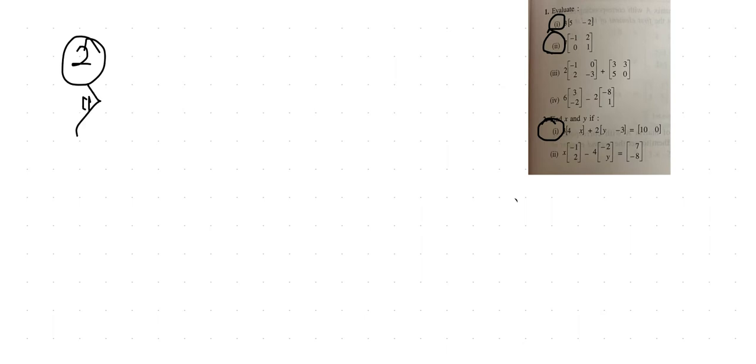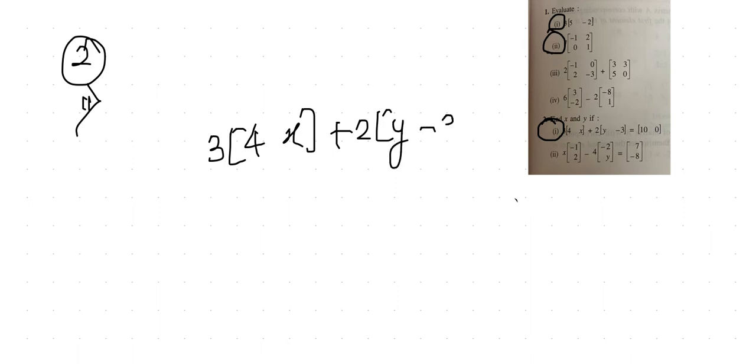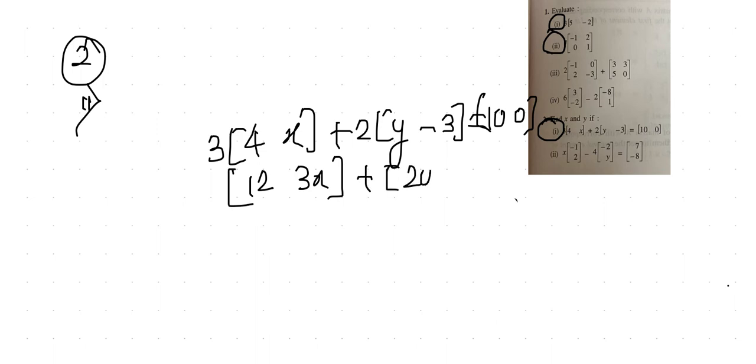For the first sub question, children, see upon this. I'll just give you the hint: x and then you have plus 2y. Since I haven't told you before how to do a question of this type, this is an easy one, children. You just have to open the bracket. So upon multiplication this is 3x and then 2y and this is minus 6 is equal to 10 and 0, and then you can easily do the calculation.